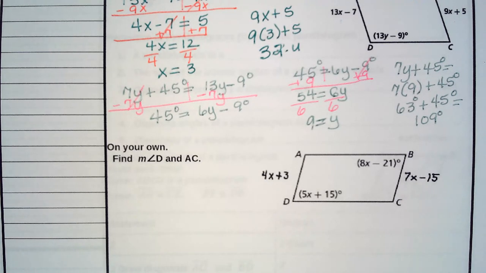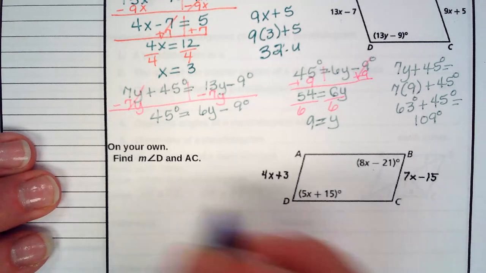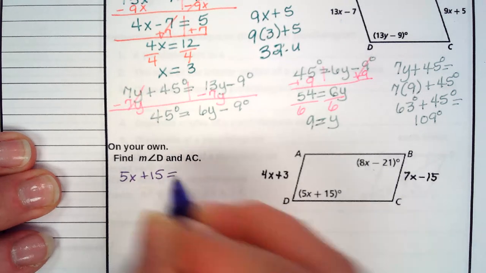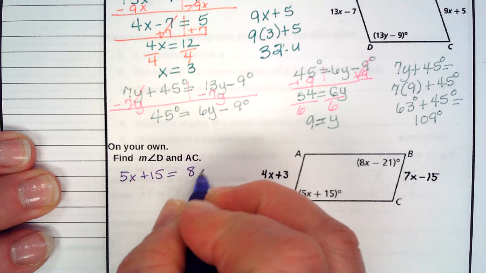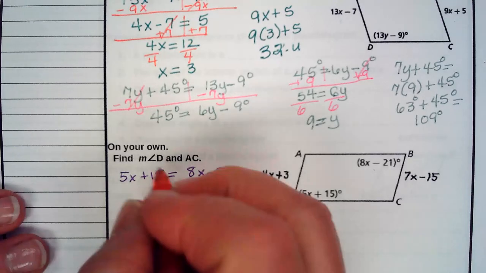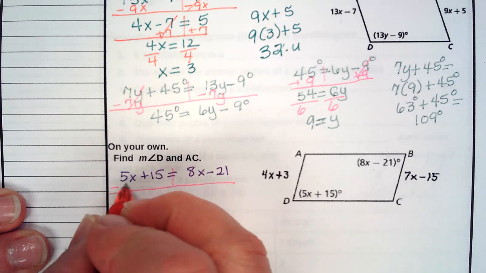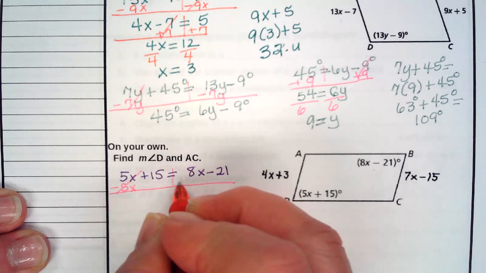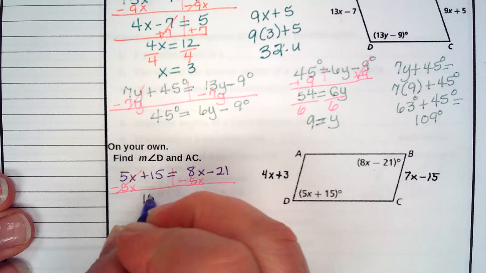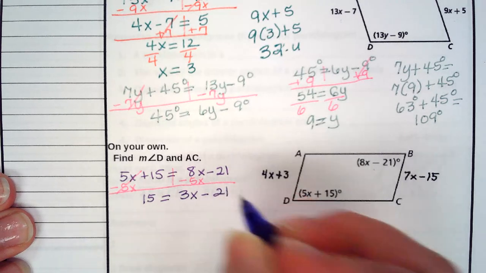Well, I hope you tried on your own. Angle D and angle B are congruent, so we know that 5x plus 15 has got to equal 8x minus 21. Solve for x. 5x is smaller than 8x, so I subtract 5x from both sides. 15 is equal to 3x minus 21.